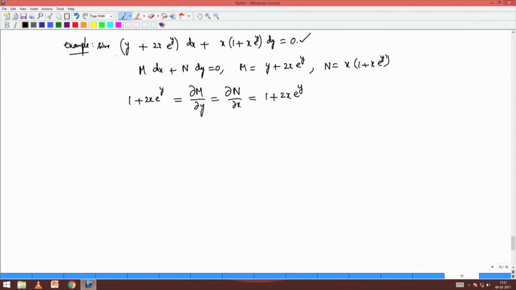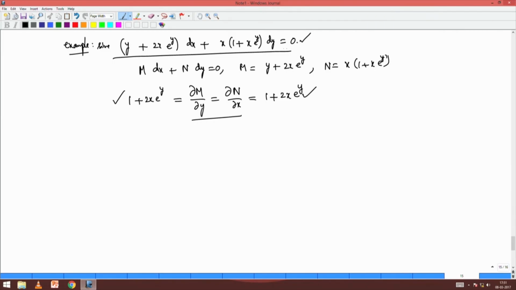When you are given a differential equation, you do not know a priori that the equation is exact. If it is exact, this condition necessarily should be satisfied. Because the converse is true, if this condition is satisfied, as we have checked here, it makes the converse also true.